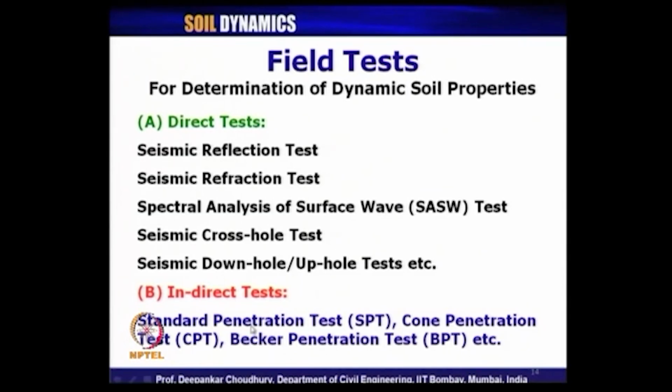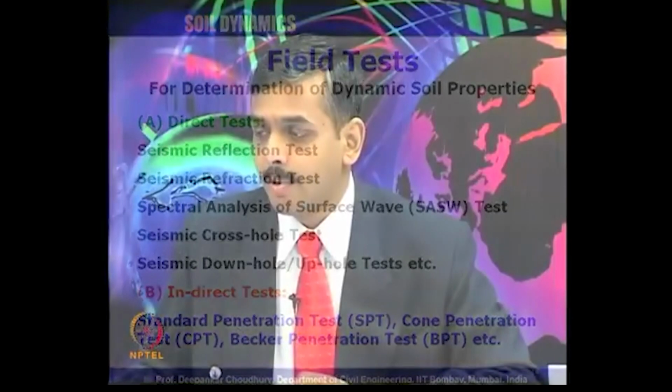That is why we have classified them under the category of indirect test, because these static field tests also help us to correlate with some of the dynamic soil properties. As we progress in the lecture, we will see how the correlations hold good for determination of dynamic soil properties from these static tests.